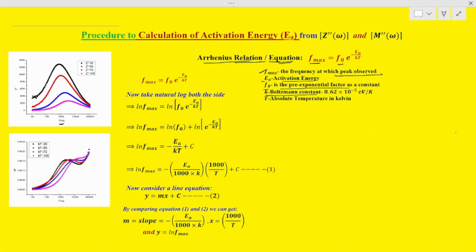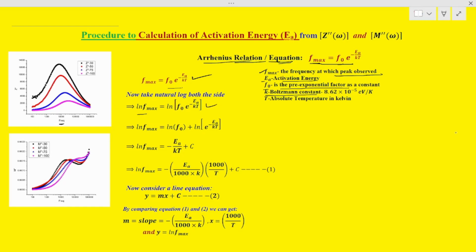Here, the Arrhenius equation is this one, written over here. Just take the natural logarithm on both sides of this equation. Ln F max will be equal to ln of F naught e to the power minus EA by KT.